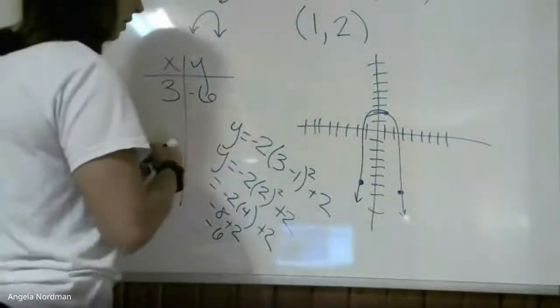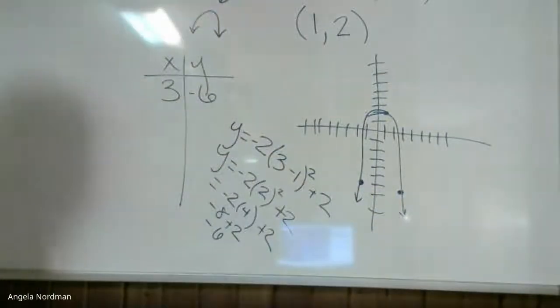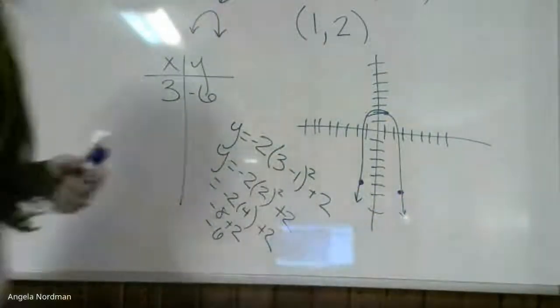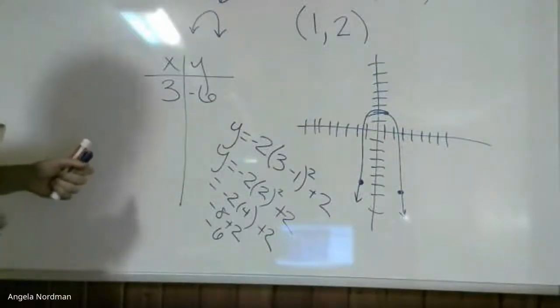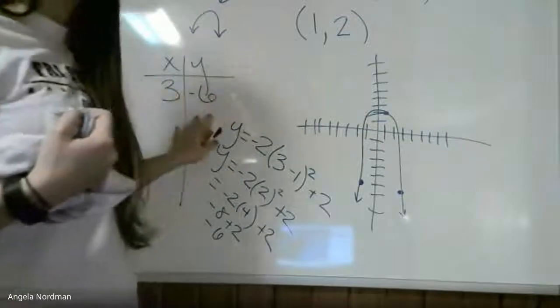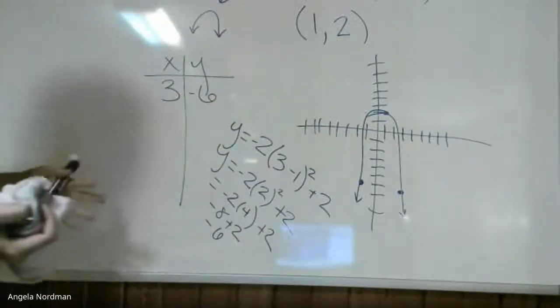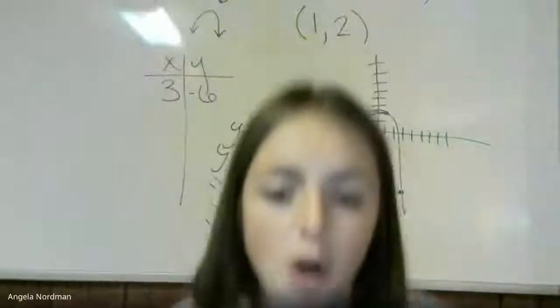Very obviously, it would have been down here at negative 6 if I tested negative 1. Okay, so that's it. Basically, this is the process you would take even in standard form if you needed to find more points. But that is all for 1.2.